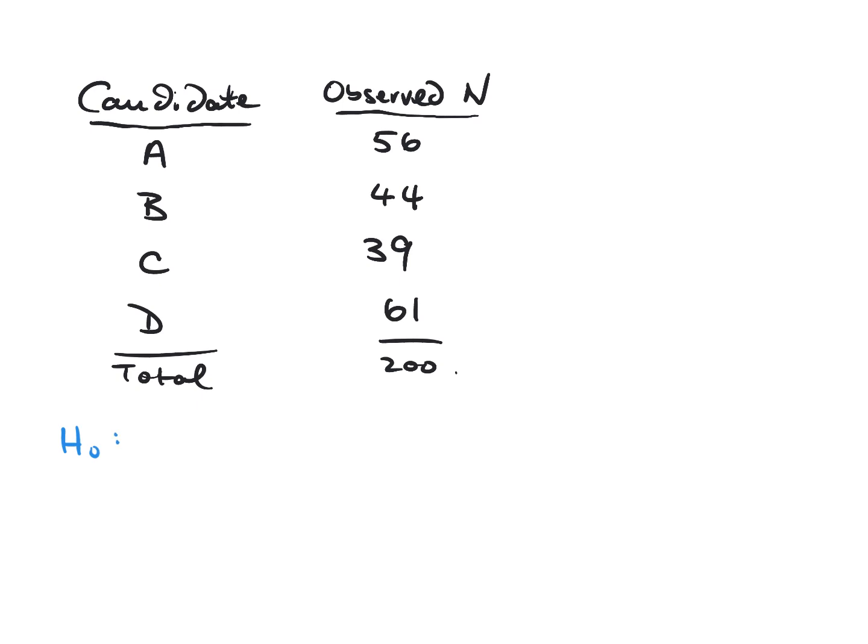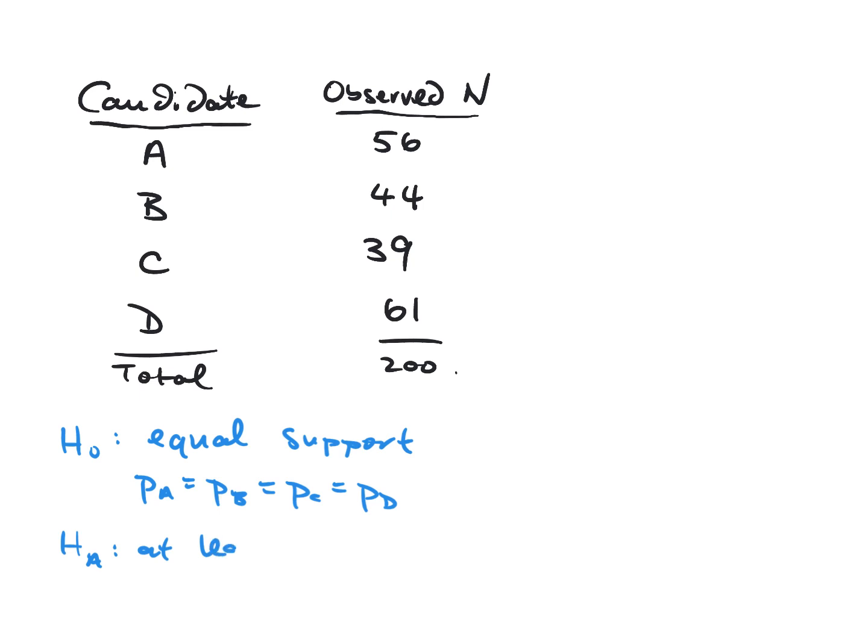The hypothesis is that there's equal support, or if we want to write this in terms of proportions, the proportion who like candidate A equals the proportion who like candidate B equals the proportion who like candidate C equals the proportion who like candidate D. That is a complete statement of the hypothesis, against the alternative that at least one proportion is different.